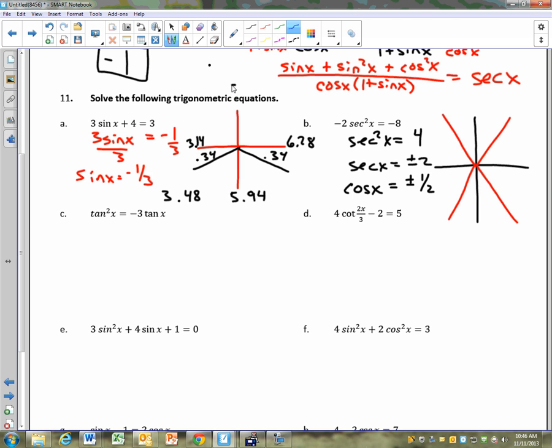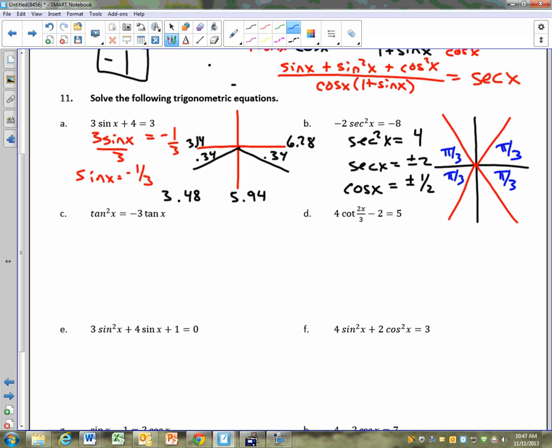As you look at your unit circle, cosine is equal to 1/2 at pi over 3, right? So, as opposed to going inverse on your calculator, you could just do pi over 3. And the answer looks nicer.